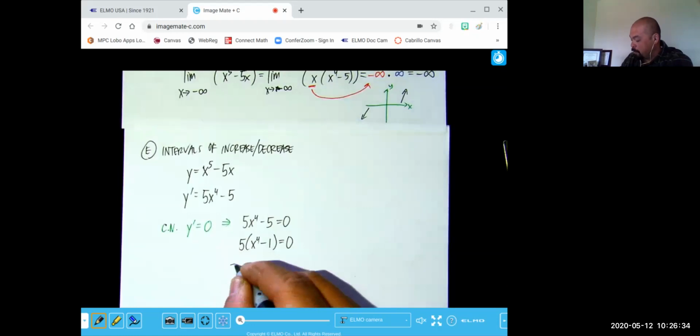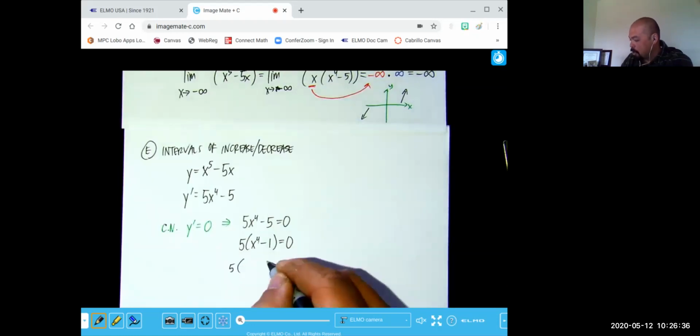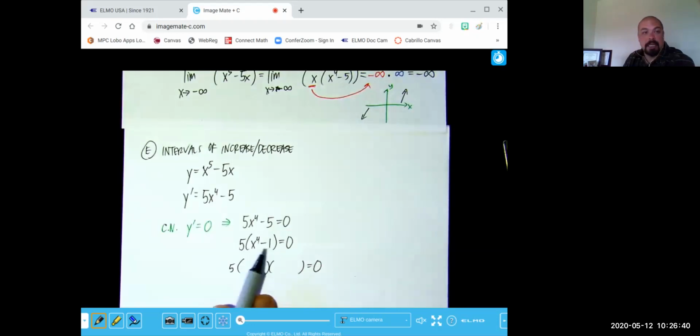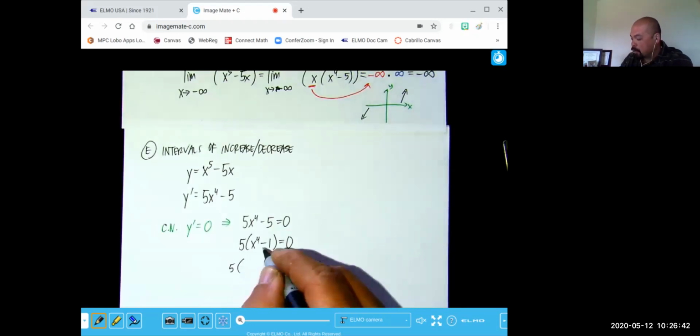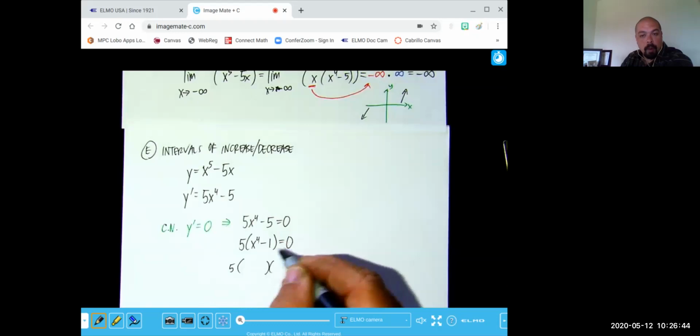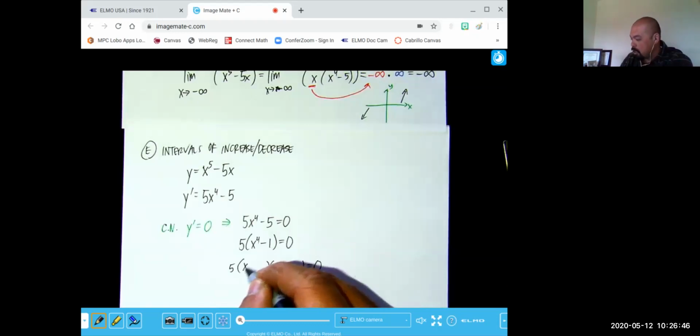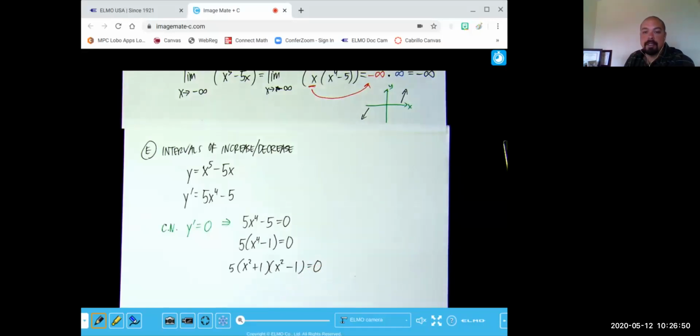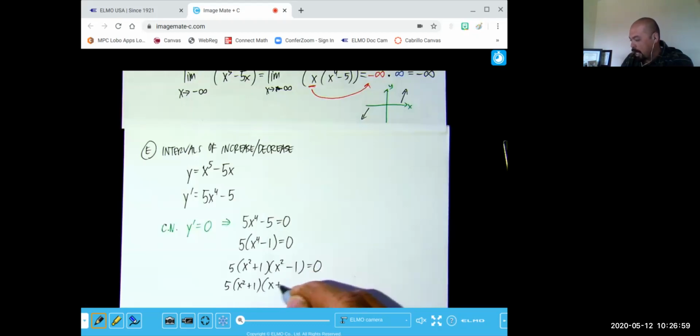But definitely that x to the fourth we need to work on, right? So there's where that difference of squares I was thinking about earlier. X to the fourth is x squared squared, minus 1 squared. So we can factor that as x squared plus 1, x squared minus 1. One more time here, x squared plus 1 we can't do anything with. That's a sum of squares, but x squared minus 1 is x plus 1, x minus 1.